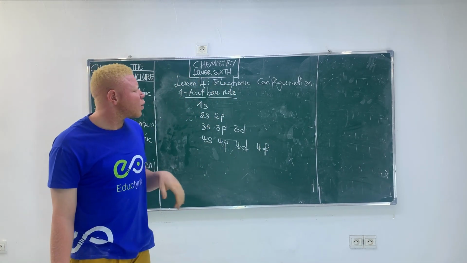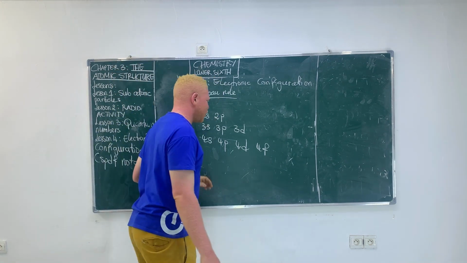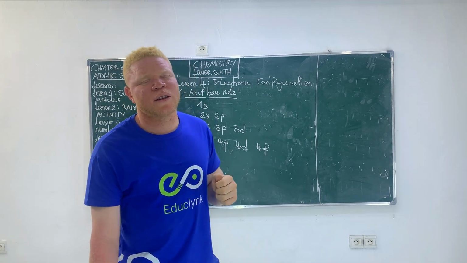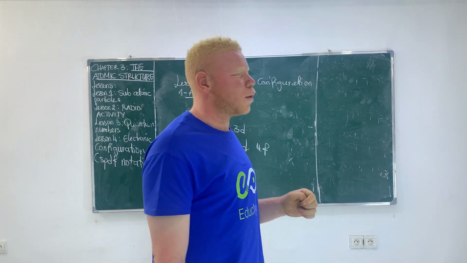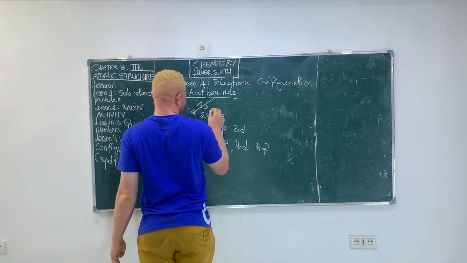Whenever you want to write the electronic configuration of an element, you are going to put the electrons like this. The filling of these electrons in the subshells follows a rule. So follow the arrow while feeding the electrons.